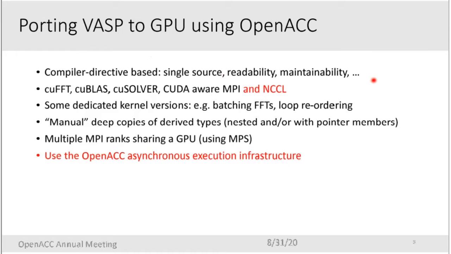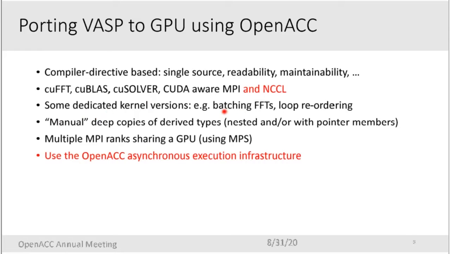Of course, as with our CPU code, we aim to put as much of the work as possible into libraries. I've listed a few here. We have cuFFT for the FFTs, cuBLAS for the BLAS level 2 and level 3 work. CUDA-aware MPI is used, and NCCL, the NVIDIA Collective Communications Library. I've highlighted that in red because it's part of what this talk is mainly about. We have some dedicated kernels written, some specific OpenACC kernels added to the code.